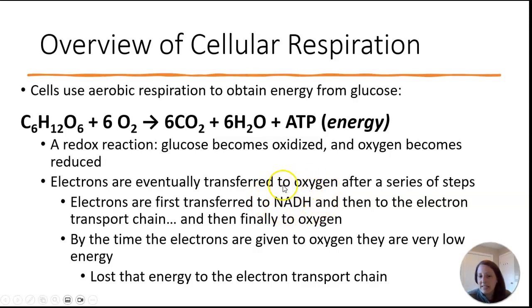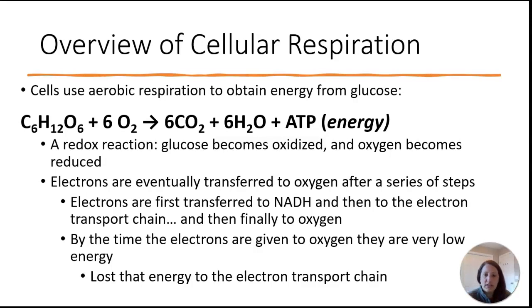When you hear NADH or FADH2, which you're going to hear in this chapter as well, both of those molecules I want you to think of as electron shuttlers. Their job is to transport electrons from where they're being pulled to the very last step in this process, which is called the electron transport chain. And we won't talk about the electron transport chain until part 3 of this chapter.